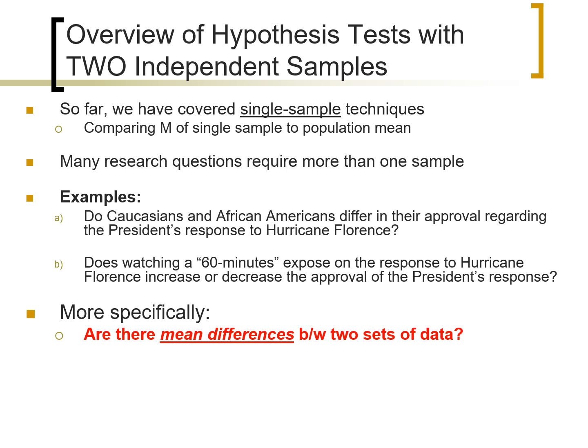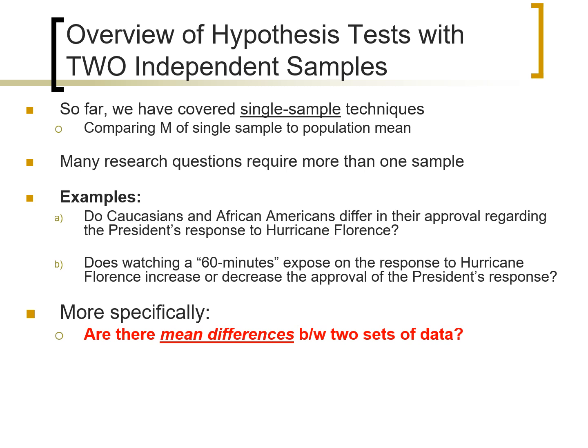Now, a lot of the questions that we want to answer involve more than one sample. So again, today we're starting in that territory, and we see some examples of that. Do Caucasians and African Americans differ in their approval regarding the president's response to whatever big hurricane unfortunately happens every year, or sometimes multiple hurricanes that do major damage?